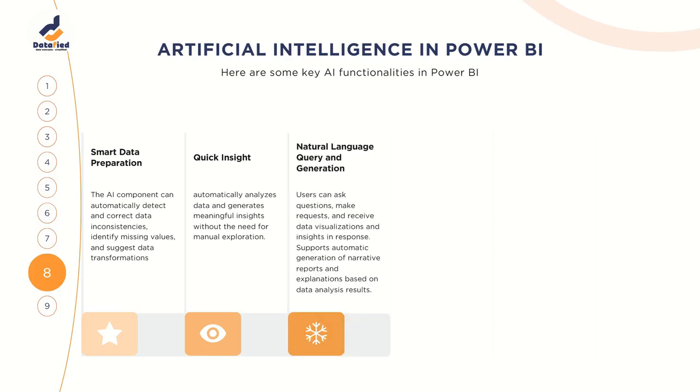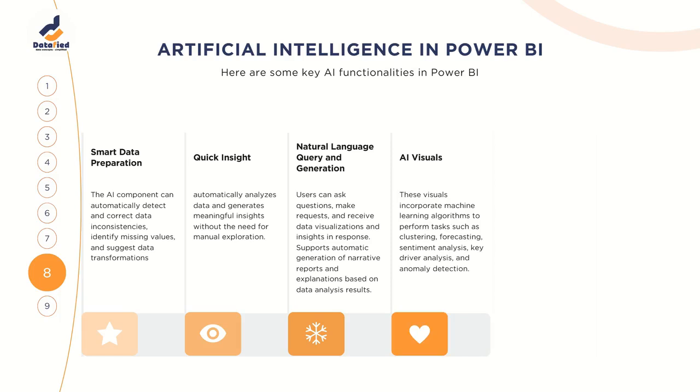With AI in Power BI, you can also run natural language processing, or query and generation. This allows users to ask questions, make requests, and receive data visualizations and insights in response. It supports automatic generation of narrative reports and explanations based on data analysis results.